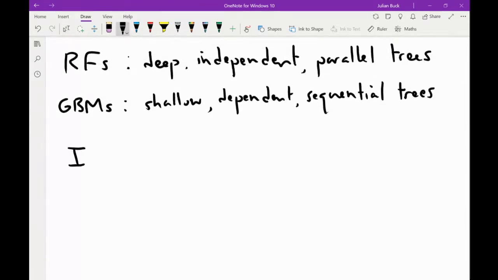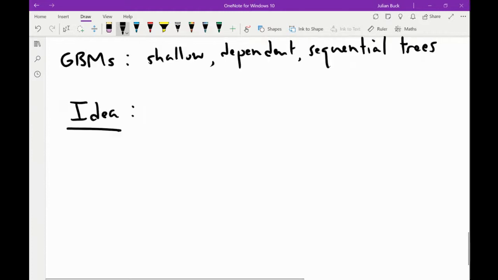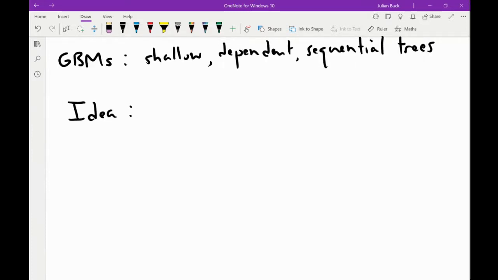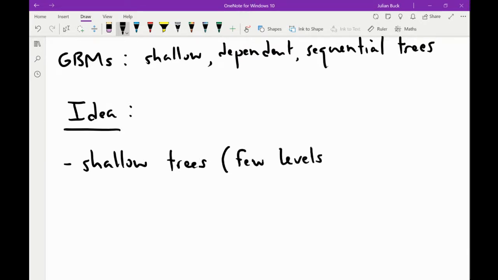All right, so let's go through the idea behind gradient boosting. Why would we want to take this approach, a completely different perspective on the tree ensemble idea compared to random forest, which we already know works pretty well? So what's going on here? What can we say about shallow trees? Shallow trees means we have few levels and splits. So for example, decision stumps, remember, where there's a single split. That would be the most shallow tree possible.